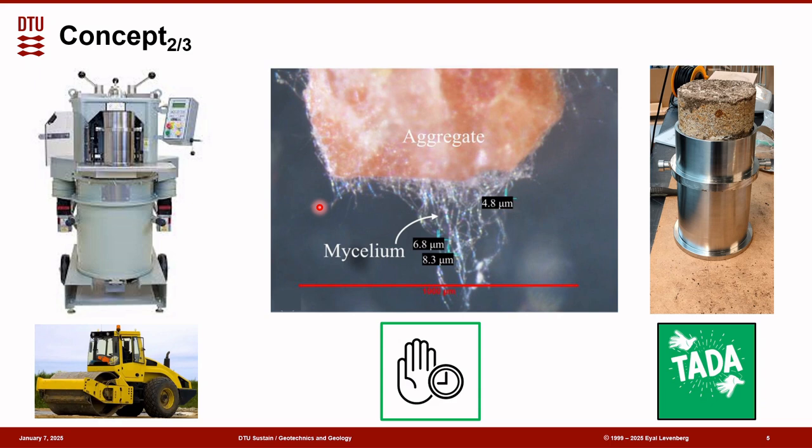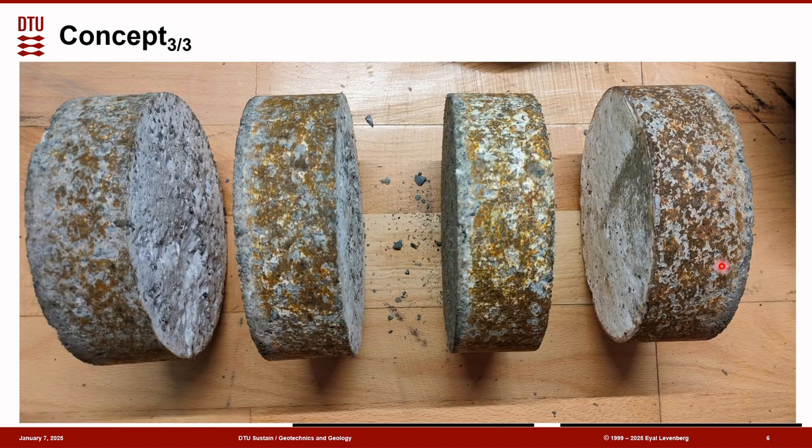And after the wait time, we extract the specimen in the case of laboratory compaction, and the growth of the mycelium happens inside the pore space, and it encapsulates all the aggregates and makes a rigid specimen that can contain its self-weight and has a strength and modulus.